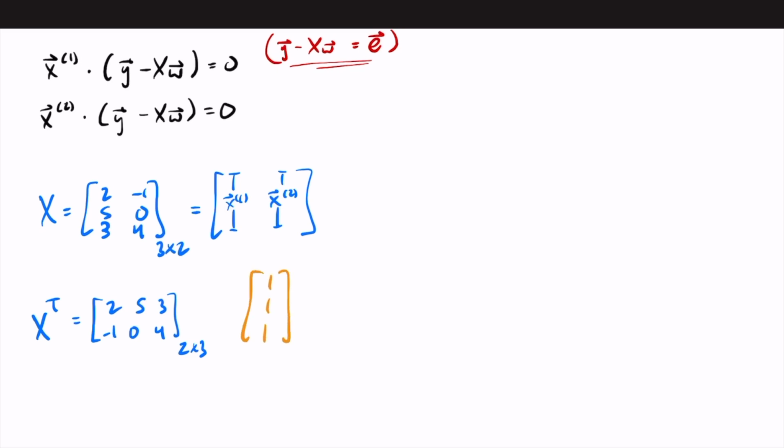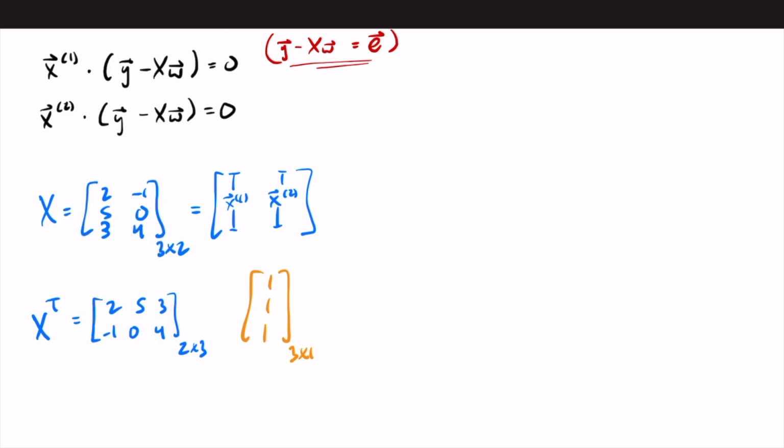So this, of course, is a 3x1 vector. Whatever that vector winds up being, we can now multiply this matrix by some column vector. So the rows of our transpose matrix are the columns of x. And we can see that these rows are these columns.